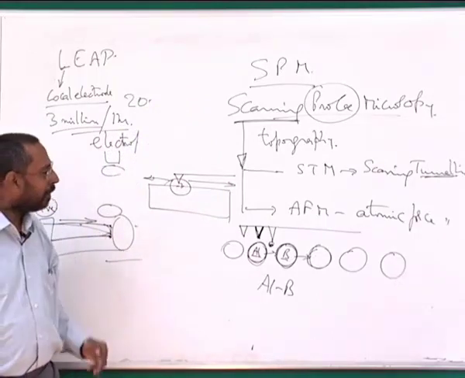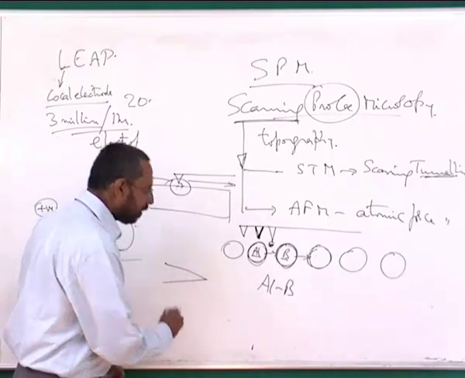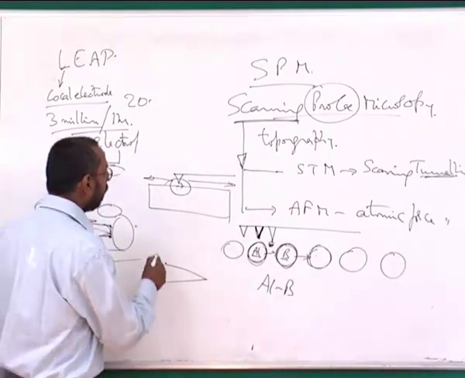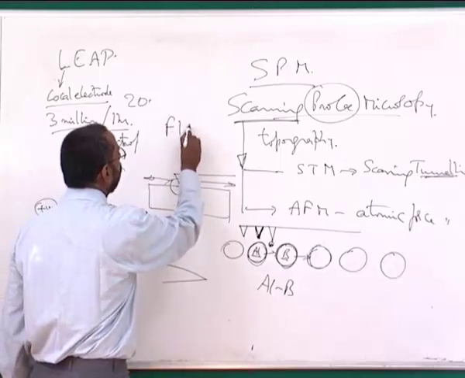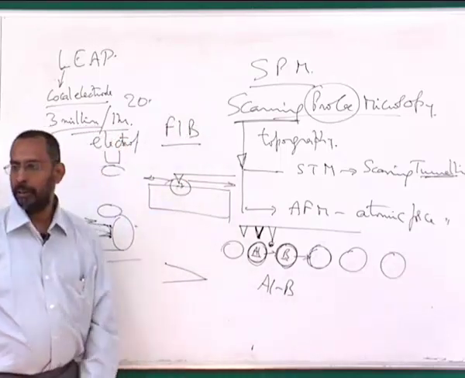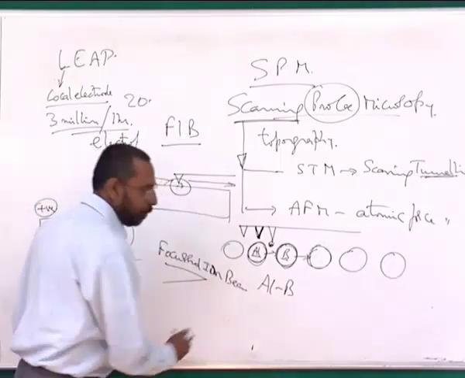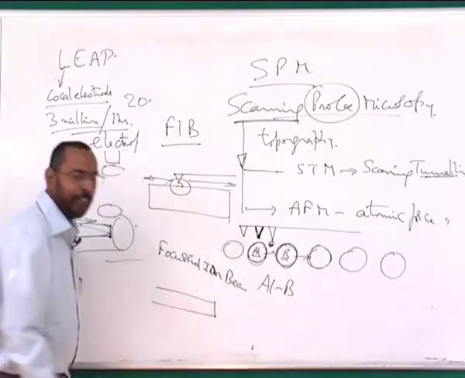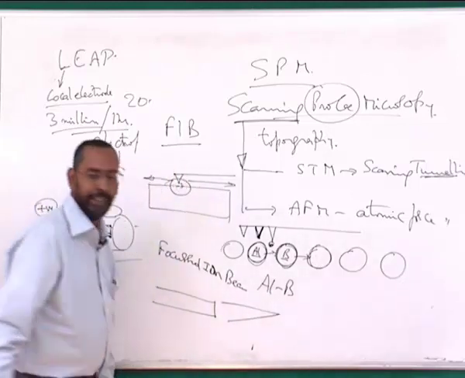And people nowadays not only use this kind of chemical, electrochemical preparation, there are also other techniques that are available, which is now popularly called FIB, focused ion beam. What I do is, if I have a sample which is like a rod, I want to make it into a tip like this.